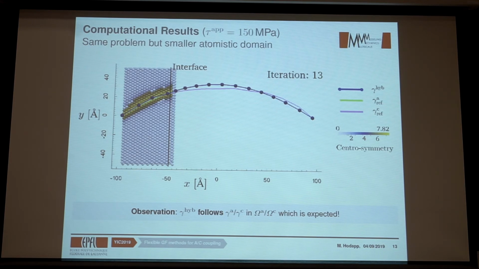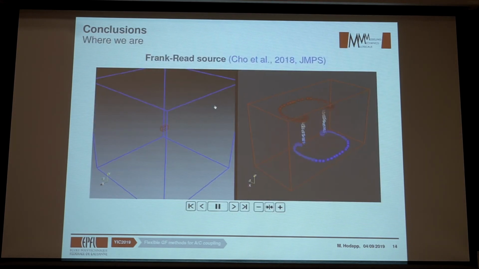And I will conclude with a few comments on where we are currently. This is a simulation video that I extracted from Jehan's recent paper. This is showing a Frank-Read source, the dislocation blowout from the Frank-Read source.